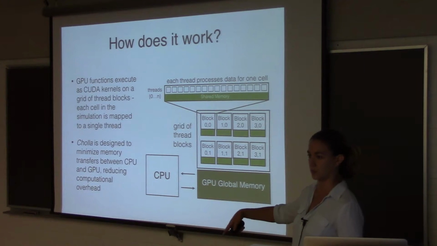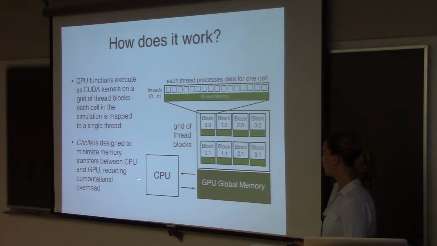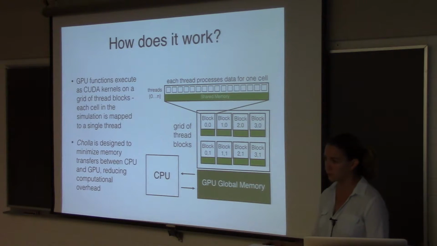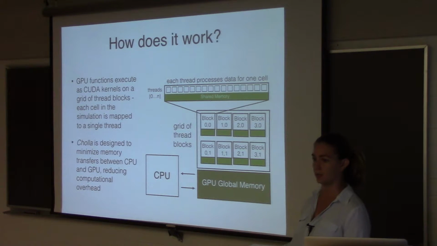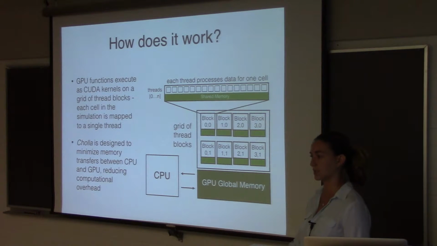The GPU knows how to schedule those threads. And in addition, as I mentioned, you have to transfer memory back and forth between the CPU and the GPU, and that can be a bottleneck because the memory transfer is relatively slow. But we've designed the code to really minimize the number of memory transfers, and so we actually are able to do this quite efficiently.